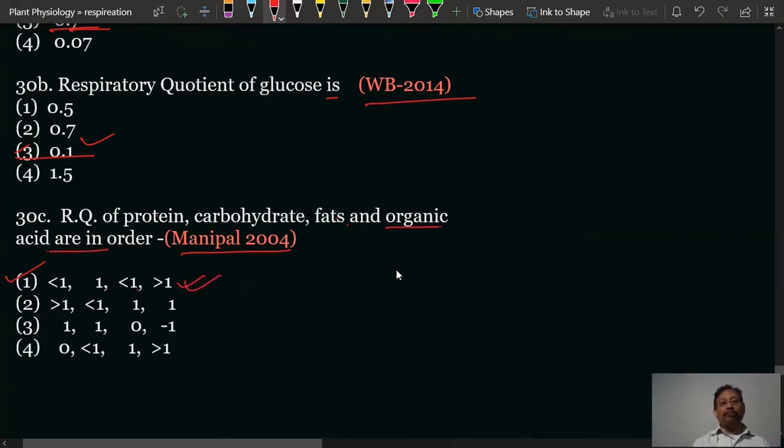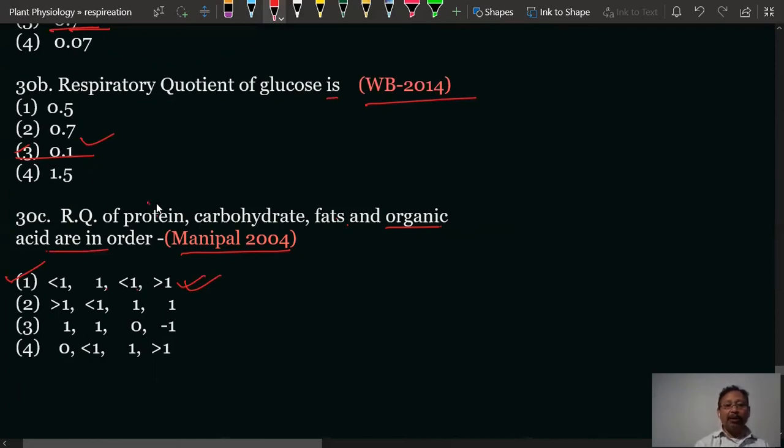RQ value of the respiratory substrate depends on the relative quantity of oxygen present within the molecule. As protein and fats contain less oxygen compared to carbohydrate, that's why protein and fat have RQ value less than 1.